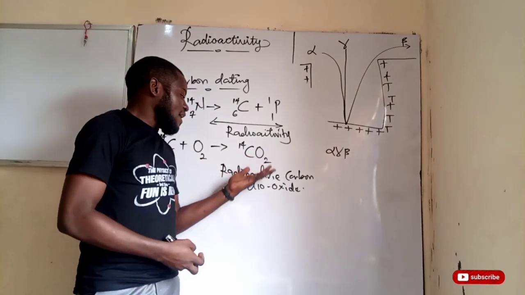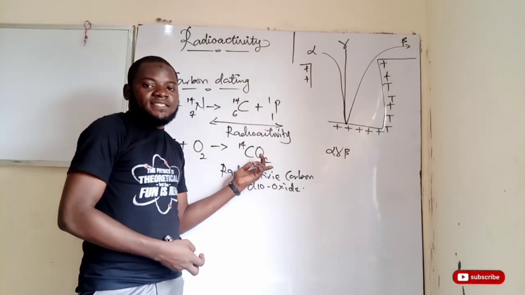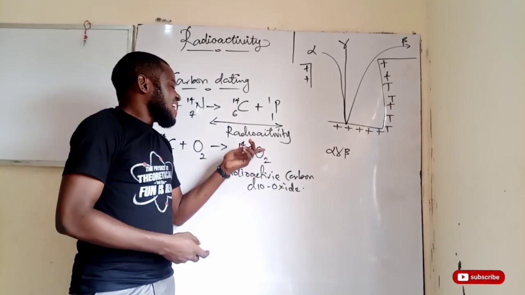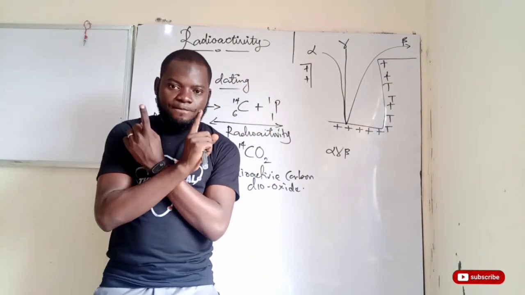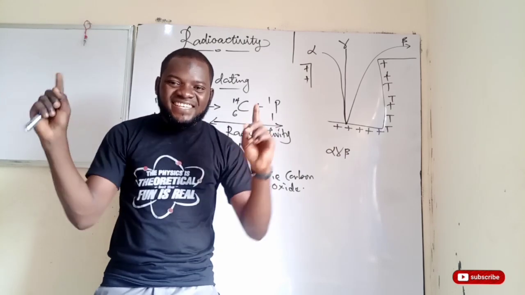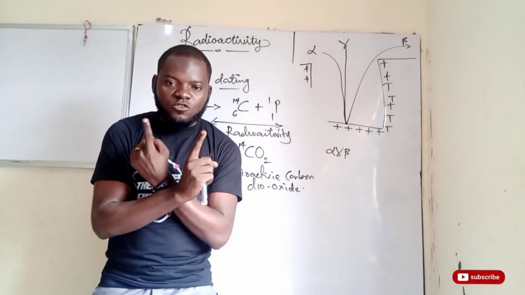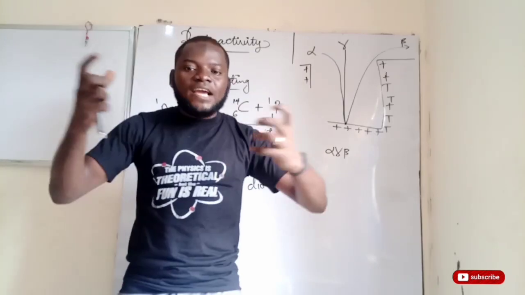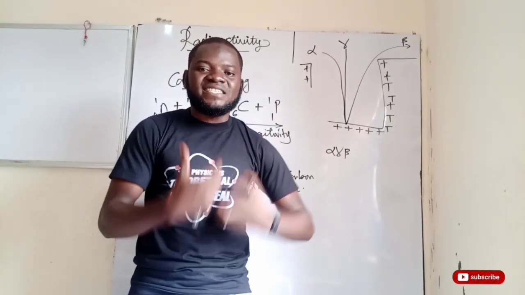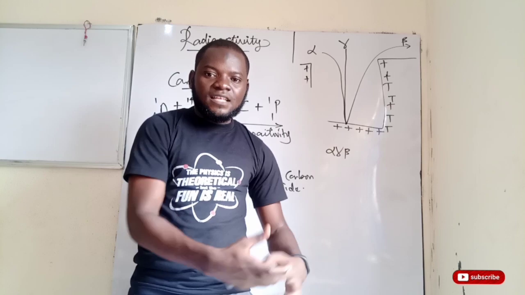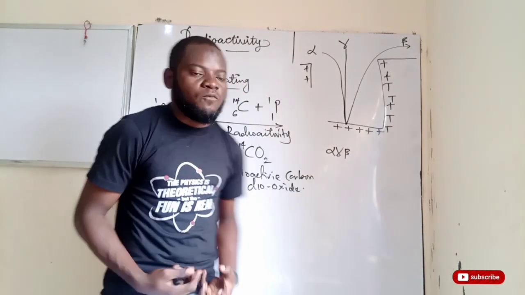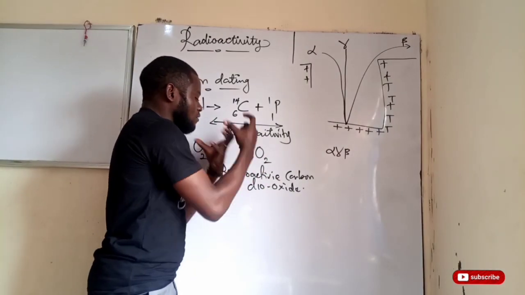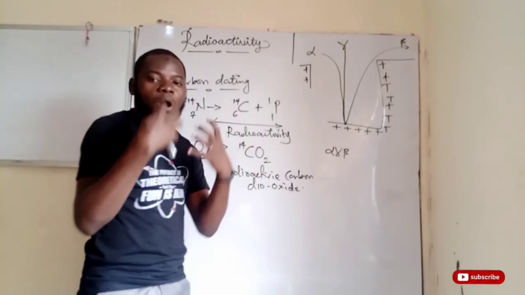This radioactive carbon dioxide that we have here is evenly distributed in the atmosphere. Are we together now? And the plants, they consume it during their photosynthesis. When photosynthesis is taking place, the plants absorb what? The radioactive carbon dioxide.